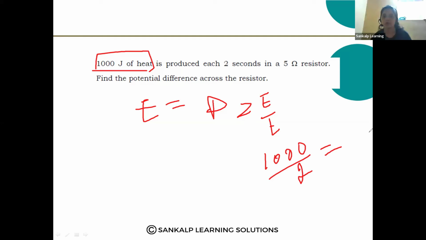Then what will be the power? That will be 500 watt. So we know the value of P, that is 500 watt.